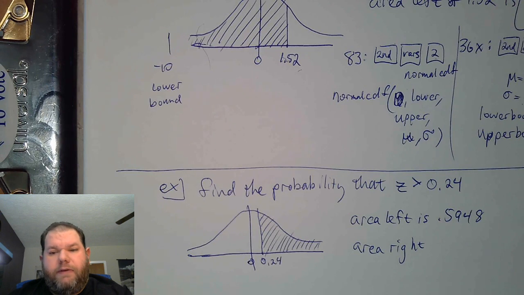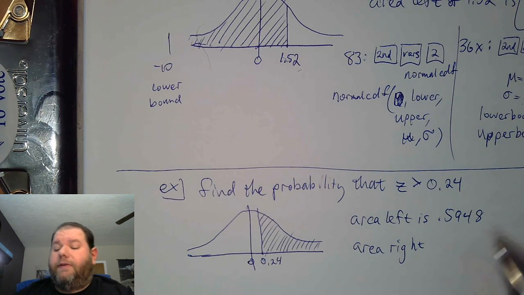Anyone have any ideas? Remember, we know that the total area under the curve is 100%, or 1. Then we can just subtract this from 1.